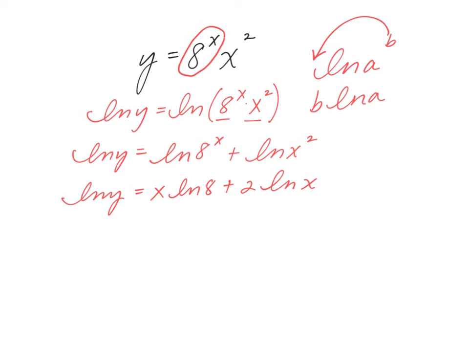So our next step will be to take the derivative of each piece as it comes, remembering that one of our big pieces we'll have to be able to do here is that the derivative of the natural log of x is equal to 1 over x, utilizing the chain rule as necessary.